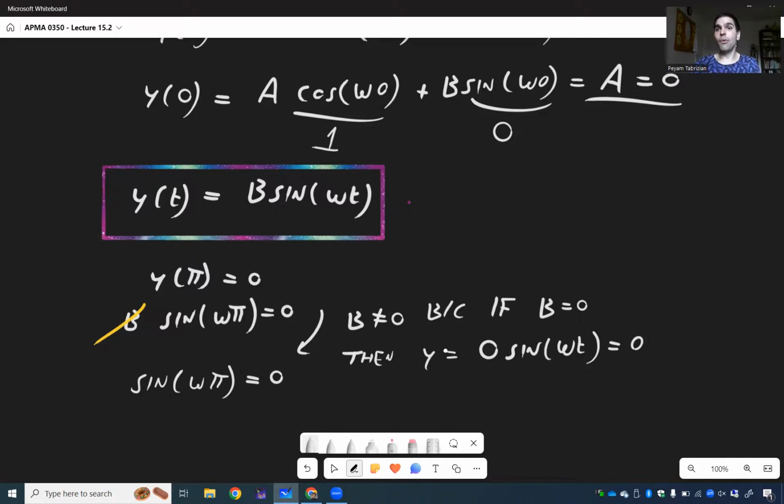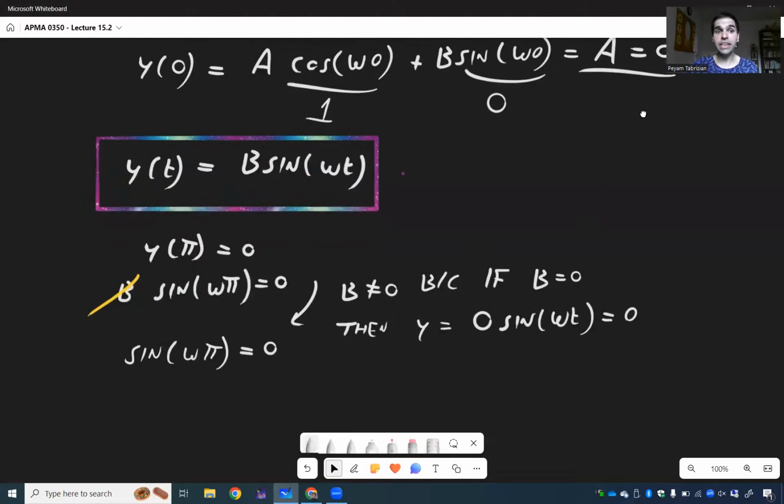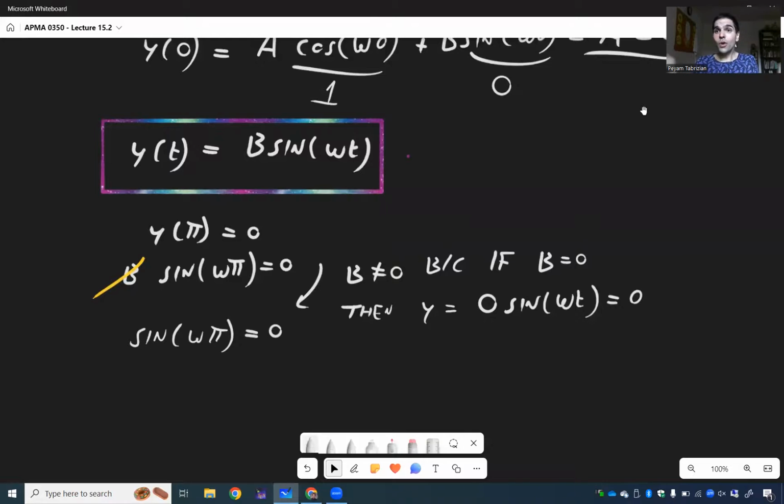Okay. So what we get here now, sine of omega pi is 0. And at this point, you must be sweating a lot, because we saw that case 1 doesn't work, case 2 doesn't work, a is 0, we canceled out b. Oh no, but who is here to save the day? Peyam. Because remember, the zeros of sine are just multiples of pi.